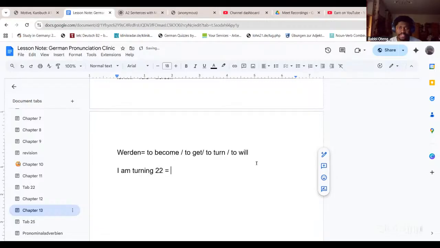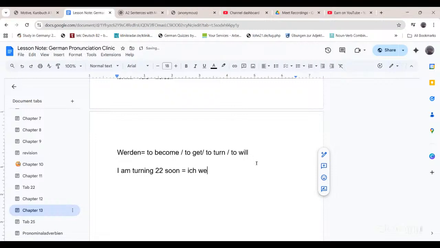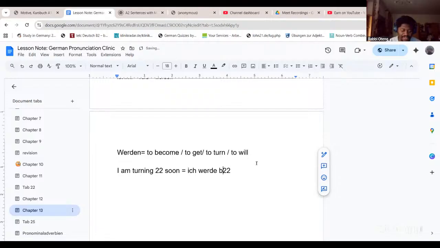I'm turning 22 soon, very soon, will be: you know the conjugation of werden? Ich werde bald 22, oder? Ich werde bald, adverbial of time. Ich werde bald 22.